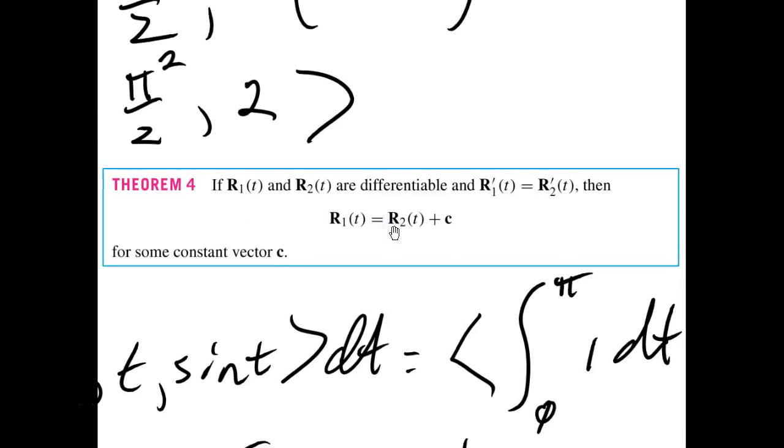If R1 of t, that's a vector, and R2 of t are differentiable, and R1 prime of t is equal to R2 prime of t, does that mean these two are the same? If the derivatives are equal, does that mean these are equal?